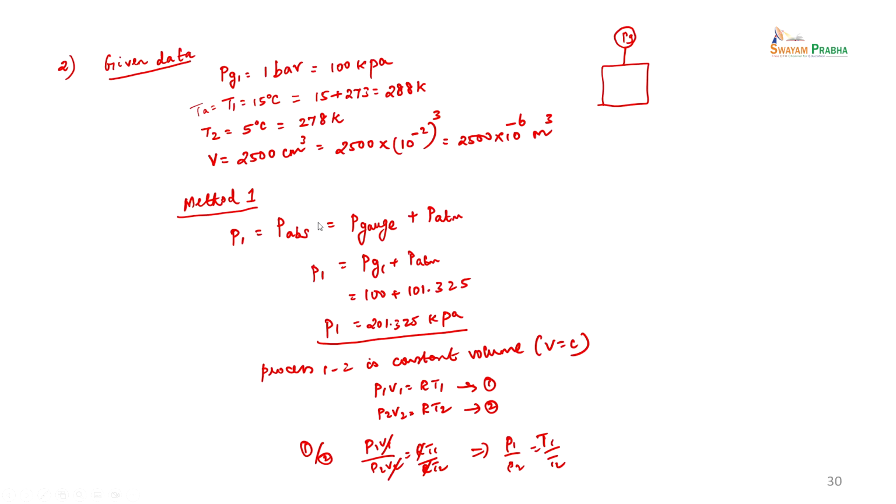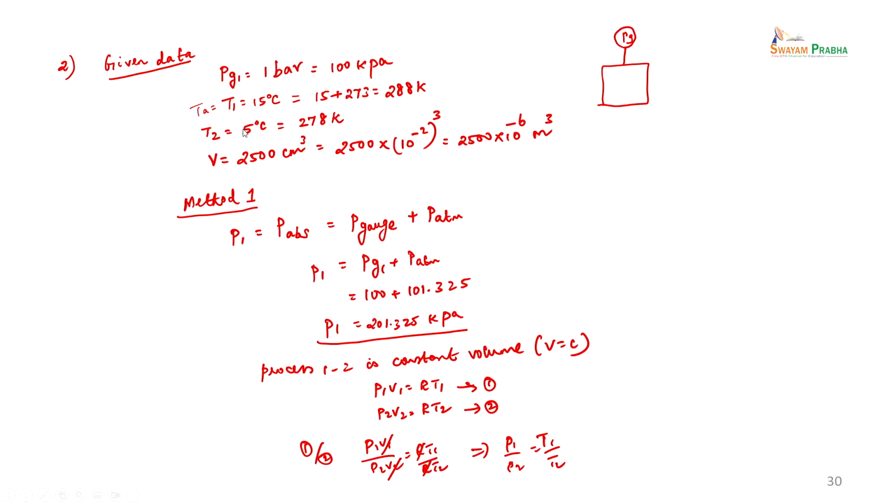Now, temperature 1 and temperature 2 are given. Temperature 1 is 288 Kelvin, and temperature at state 2 is 5 degrees centigrade, that is 278 Kelvin. So, let us substitute the values. P2 divided by P1, which is 201.325 kilopascal, equals T2 is 278 and T1 is 288.